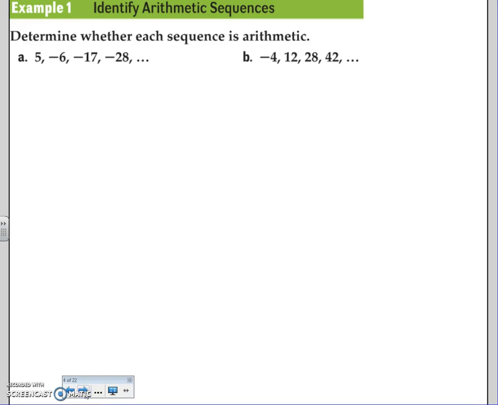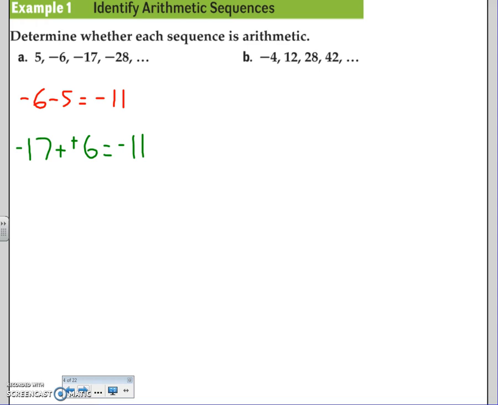Alright, so here's the first example. Identify whether each is an arithmetic sequence or not, and define the common difference. So you take the second term minus the first term. I'm going to do negative 6 minus 5, that gives me negative 11. So I think this is minus 11 for each term. I'll try the next one. Negative 17 minus negative 6. We subtract a negative, that's really adding. So that's negative 11, that's good.